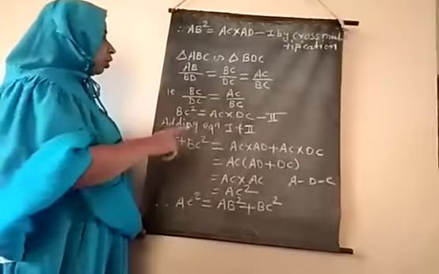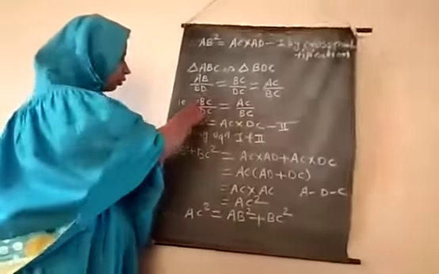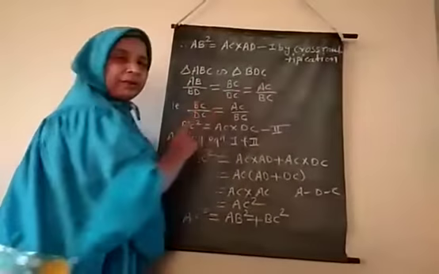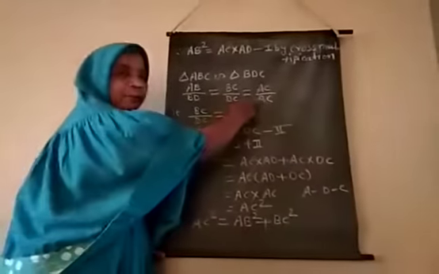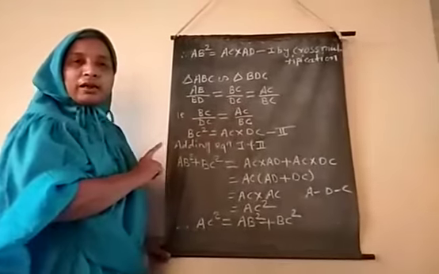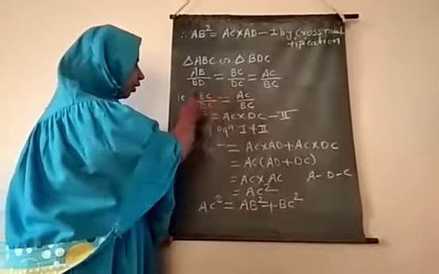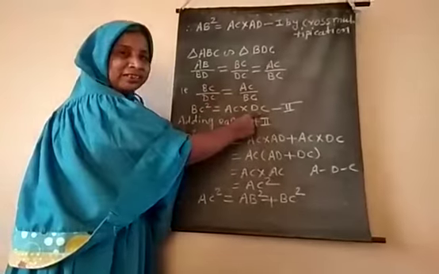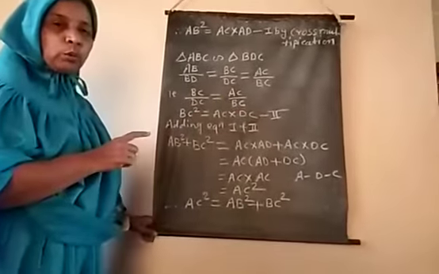Which two? The second segment we require is BC. So wherever the BC segment is there, those ratios we compare. So here the second ratio and third ratio we compare, and by cross multiplication BC square is equal to AC multiplied by DC. This is our equation number 2.